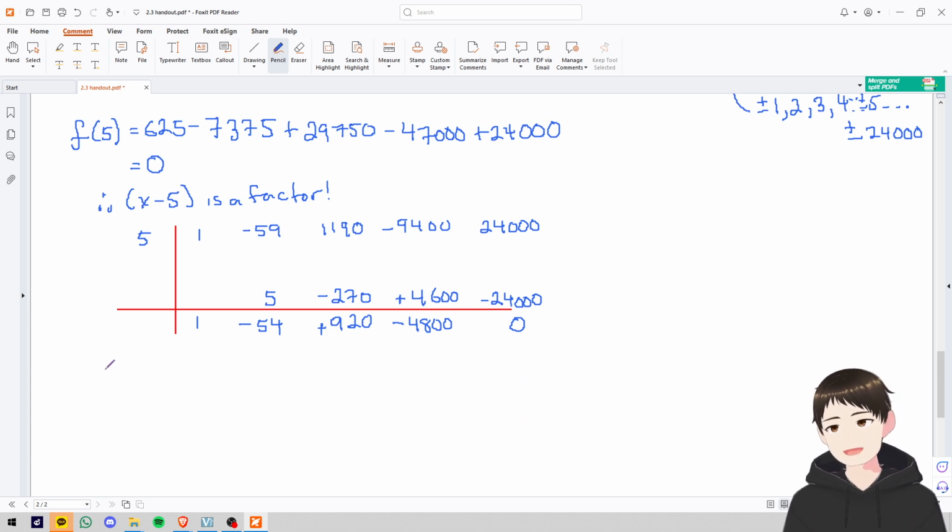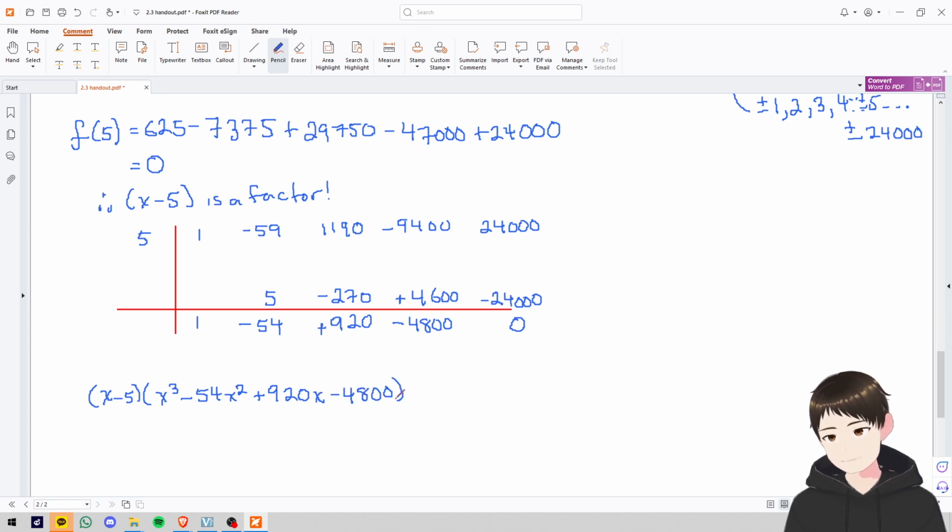Oh, okay. So the original function is now x minus 5 times x to the power of 3 minus 54x squared plus 920x minus 4800.